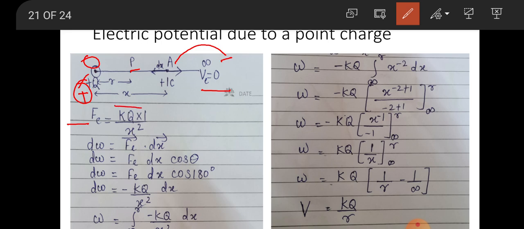According to Coulomb's law, it is inversely proportional to the square of the distance.